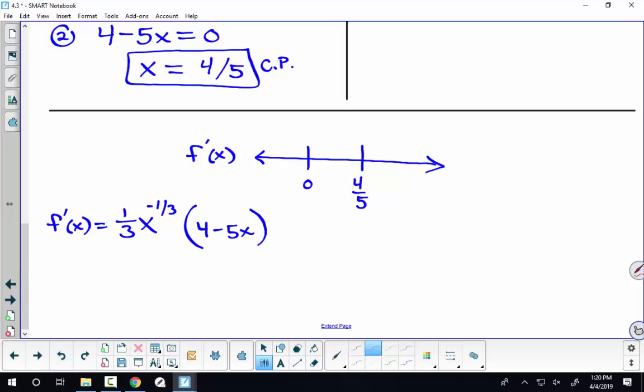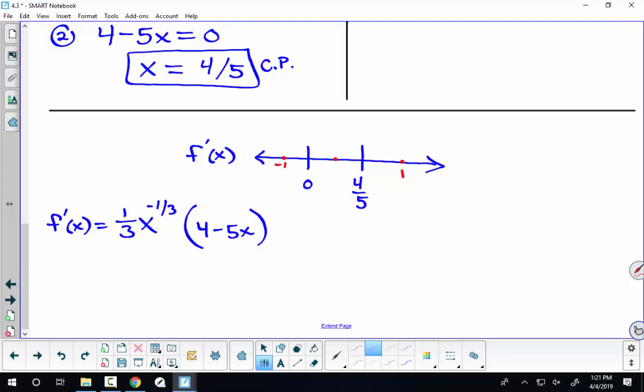Okay, so what values do we want to test in the first derivative? -1. Okay, so we'll choose -1 over here. Well, what is 4/5? The 4/5 is smaller than 1, so we can test 1 on that side.